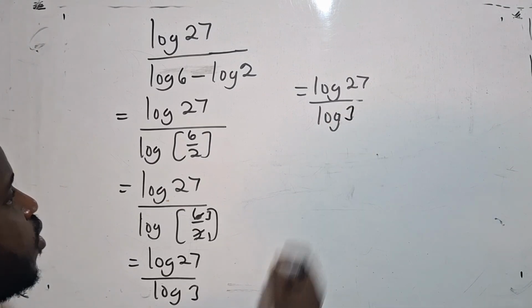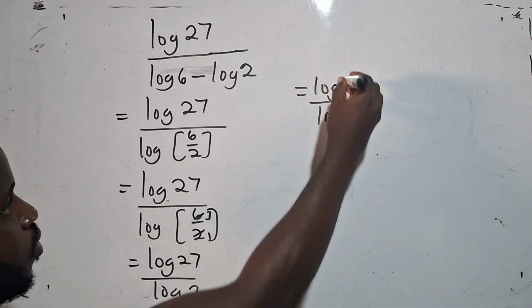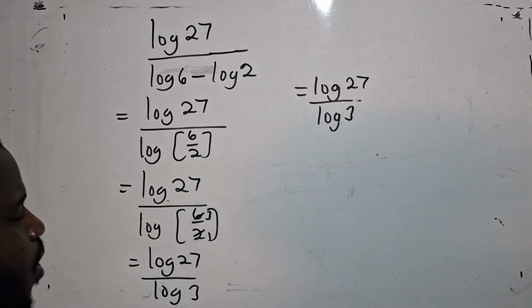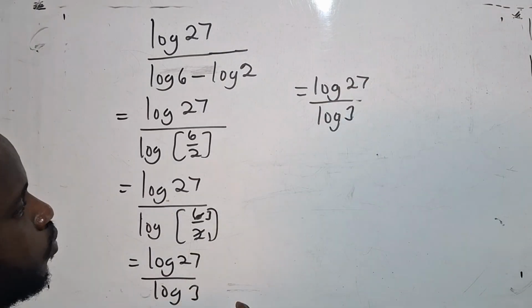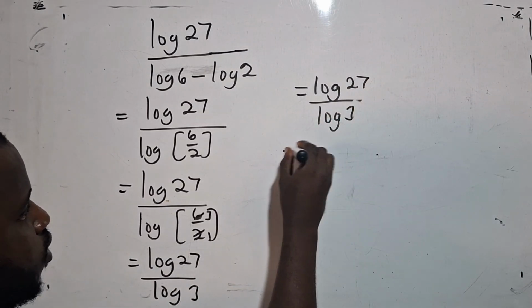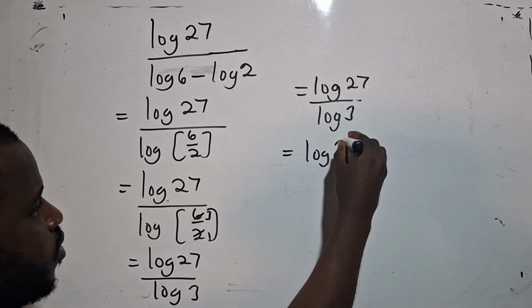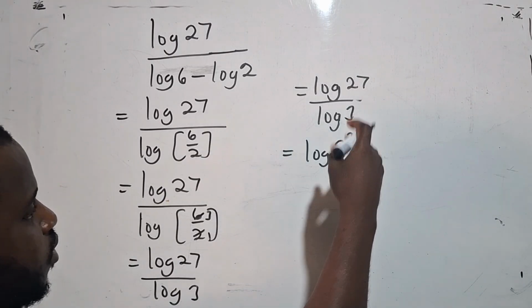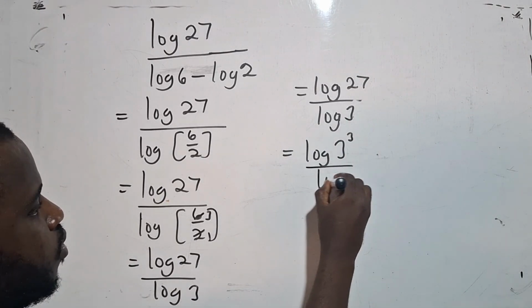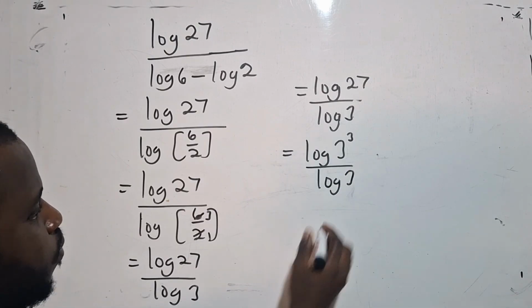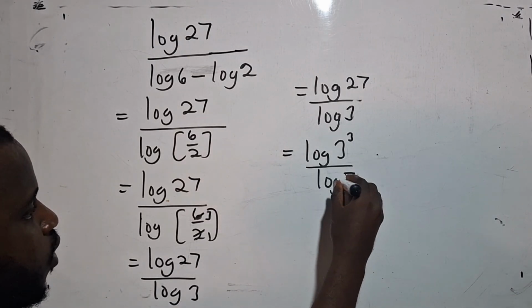Yes, we are continuing. So log 27, then log 3. They have a common base. Do you agree? Yes. Now let's express this as a power of 3. 27 will give us 3 raised to the power 3, since 3 times 3 is 9, 9 times 3 is 27, all over log 3.